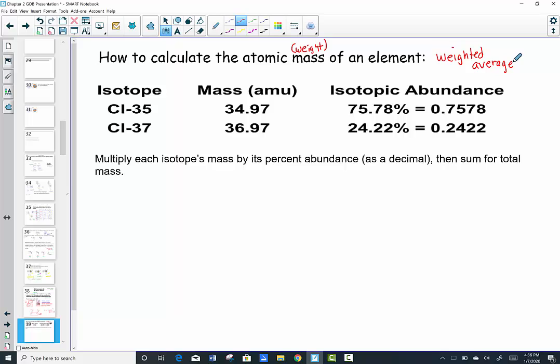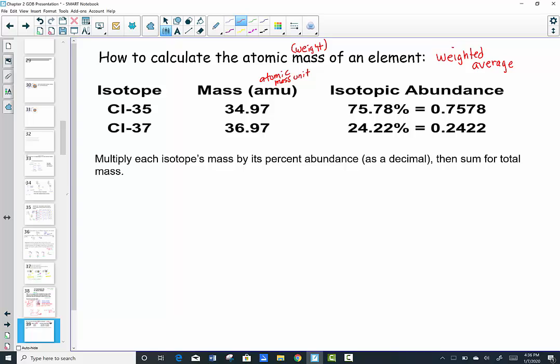In nature, we said that there are two different isotopes of chlorine, chlorine-35 and chlorine-37. When we weigh them, we get a mass measured in atomic mass units. AMU is abbreviated atomic mass unit. Chlorine-35 weighs exactly 34.97 AMUs.